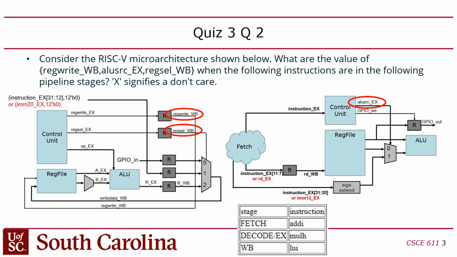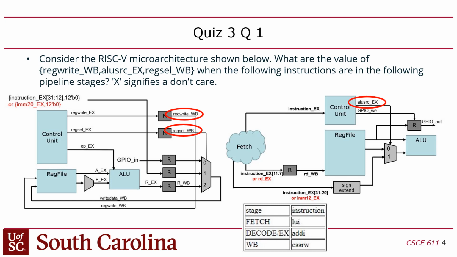Because LUI is in write back. We're looking at reg select write back, so that should be a 1. Reg write back should also be a 1 because we're writing a register with LUI. And ALU source EX is referring to the multiply instruction. That multiply is an R type, so it should be a 0. ALU source should be 0. Okay?